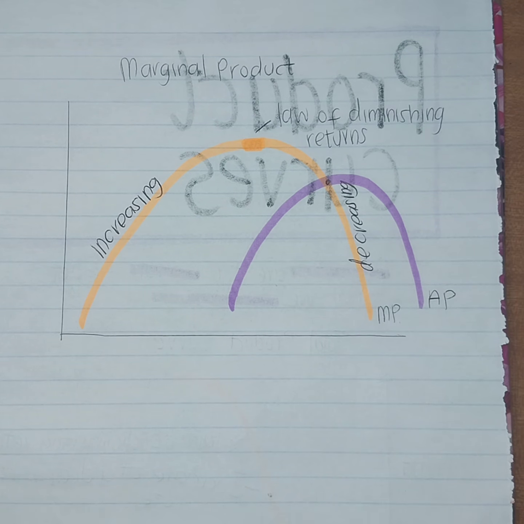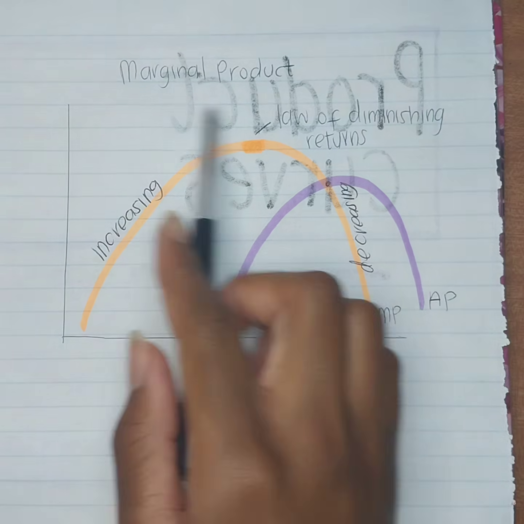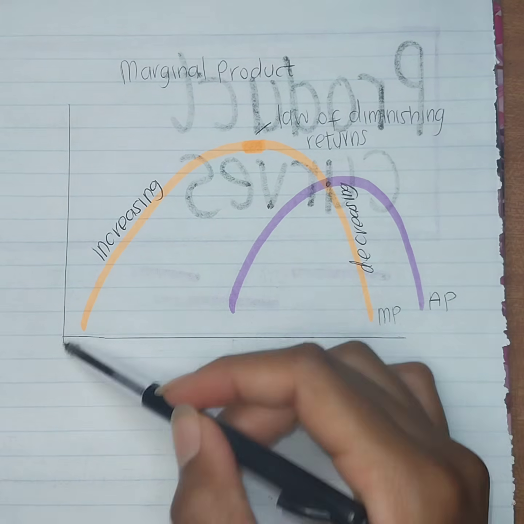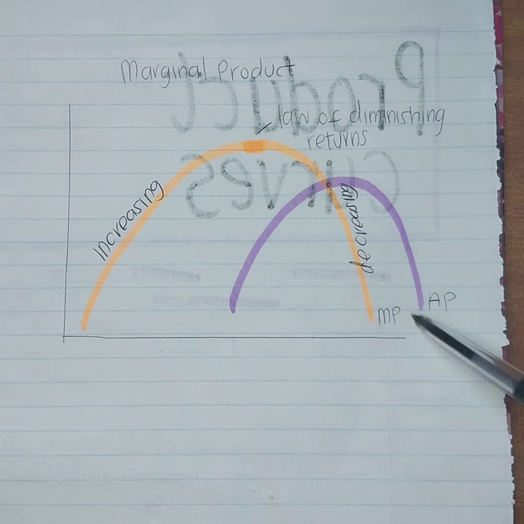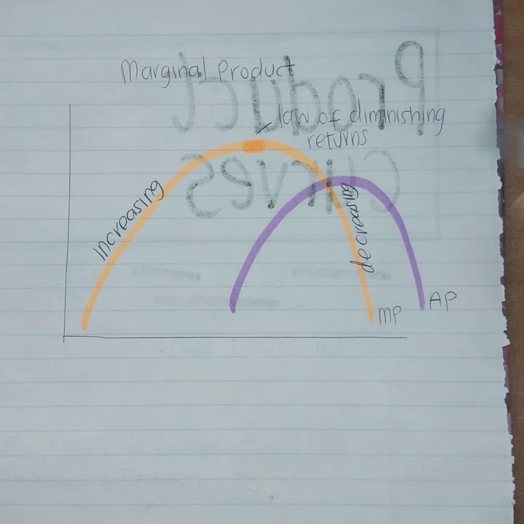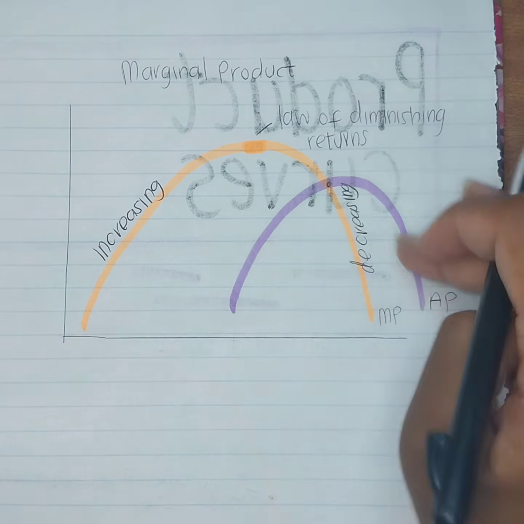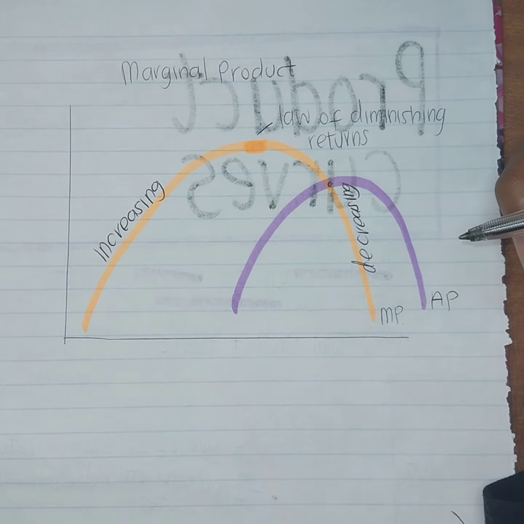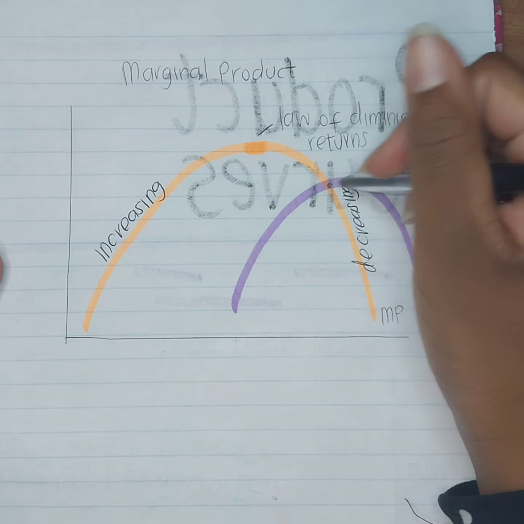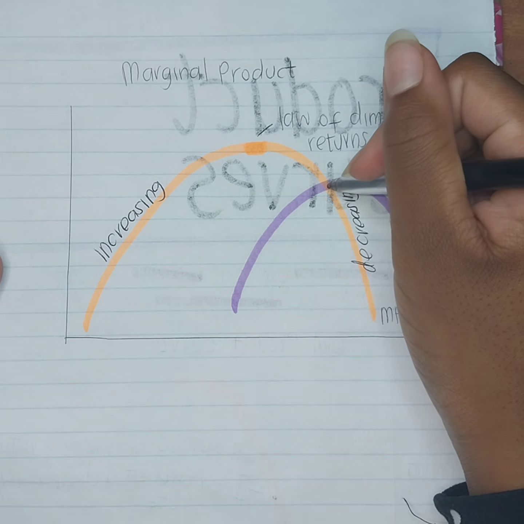And then we look at the relationship between your marginal product and your average product. So the one in orange is my marginal product, the one in purple is my average product. So when they ask you for the relationship between these two graphs, all you have to do is to draw your graphs, right? And see that, okay, so it always cuts it at its maximum point, which is this point.